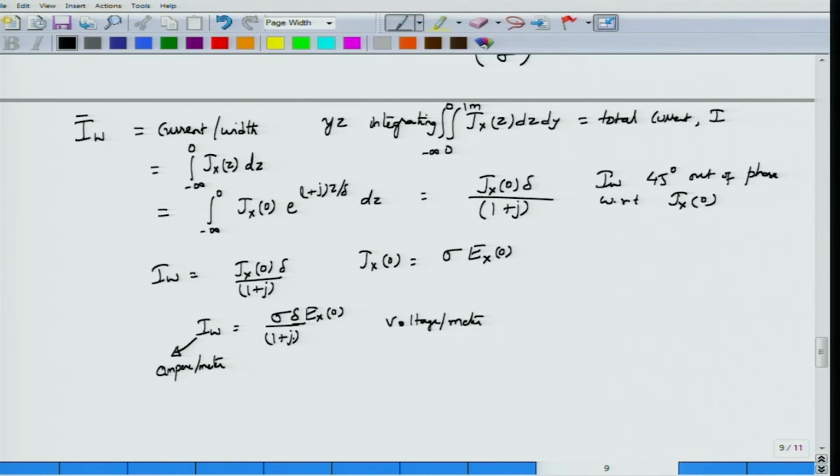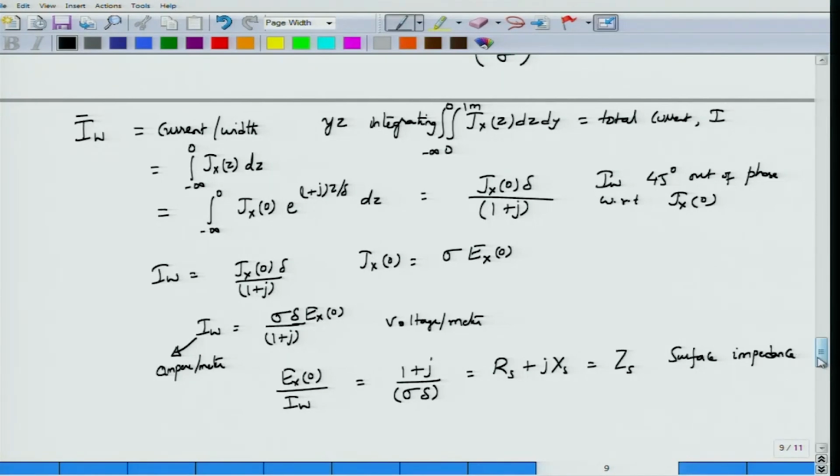If you take this ratio of Ex of 0 to IW, you get 1 plus J divided by sigma into delta, and this actually is a complex number, Rs plus Jxs, or I can write this as Zs and call this the surface impedance.